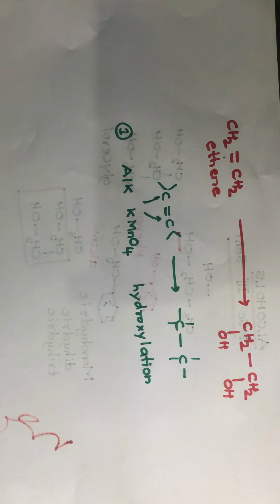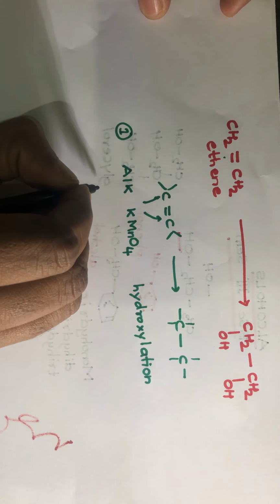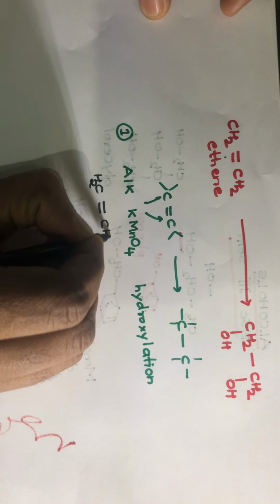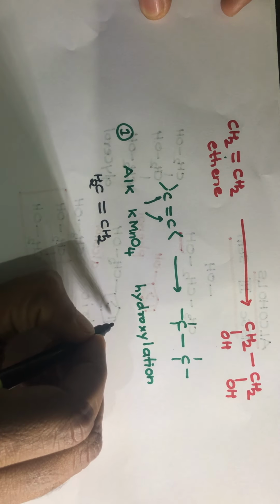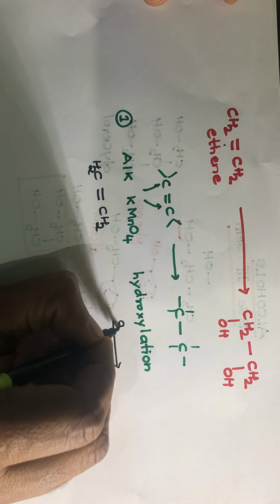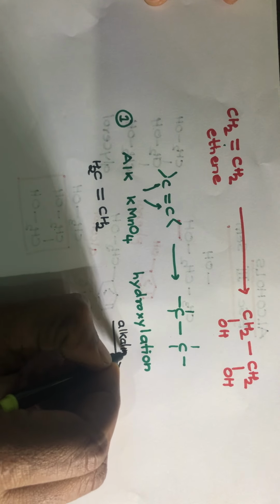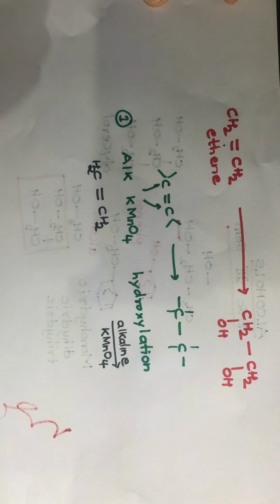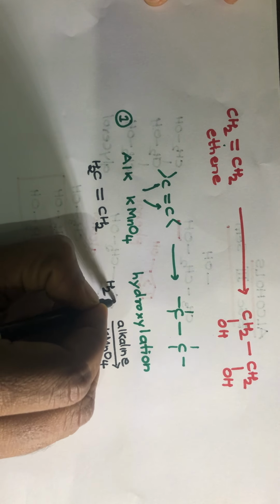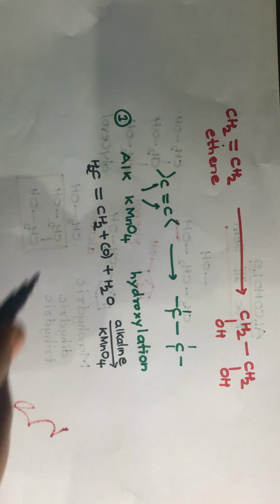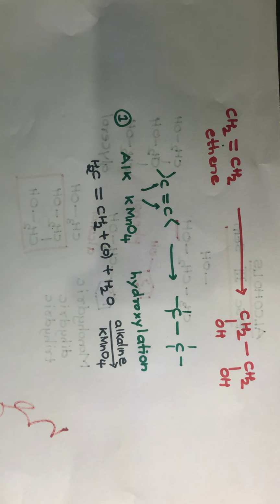For example, if you take ethene, CH2 double bond CH2, and treat it with alkaline KMnO4, dilute solution, then across this double bond OH group adds up.